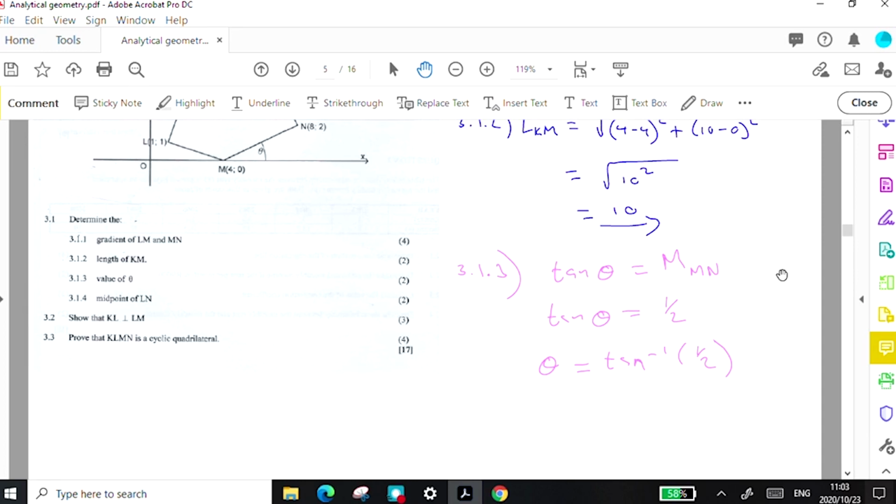And arctan of half is equal to 26.57 degrees, which is 26.57 degrees.